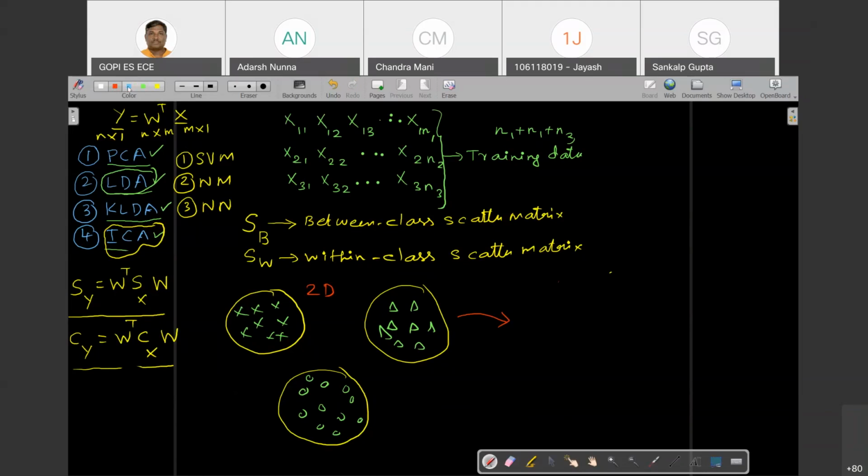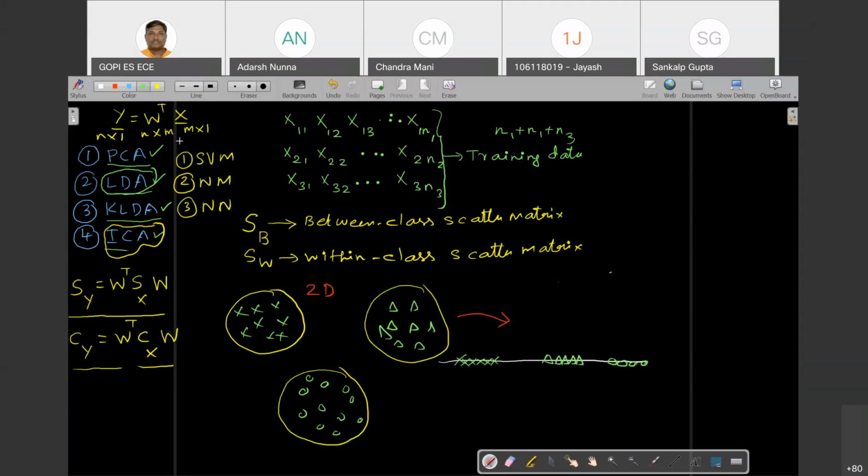So let me plot that. After projecting to 1D, I can draw it only on a straight line, because it is 2D that I have considered. So after projection, our goal is that we want the vectors to be closer within the class. It should be so close, like this.